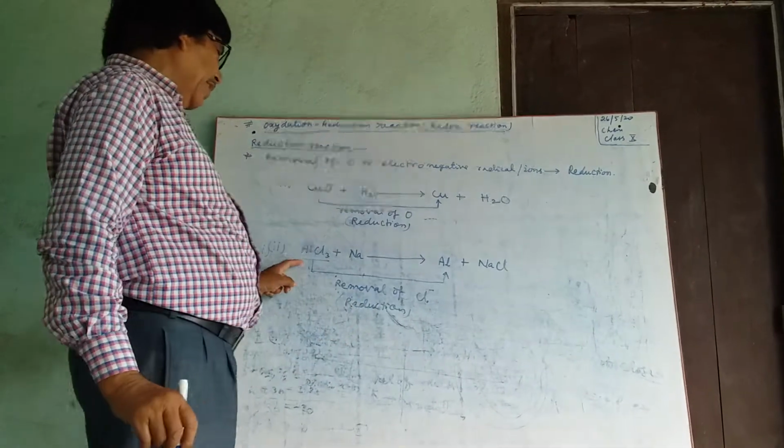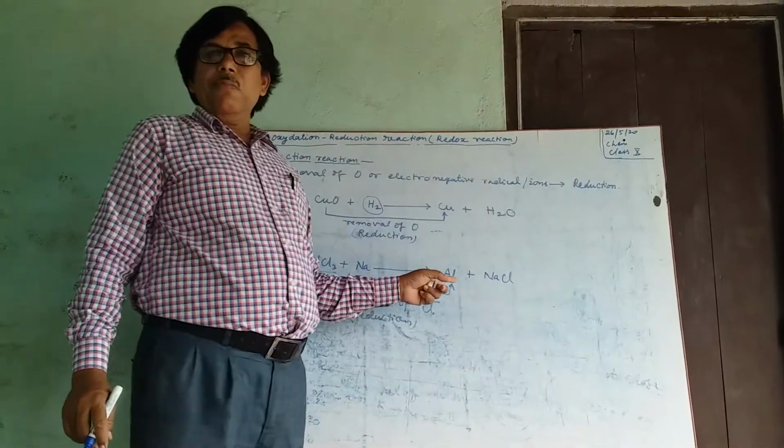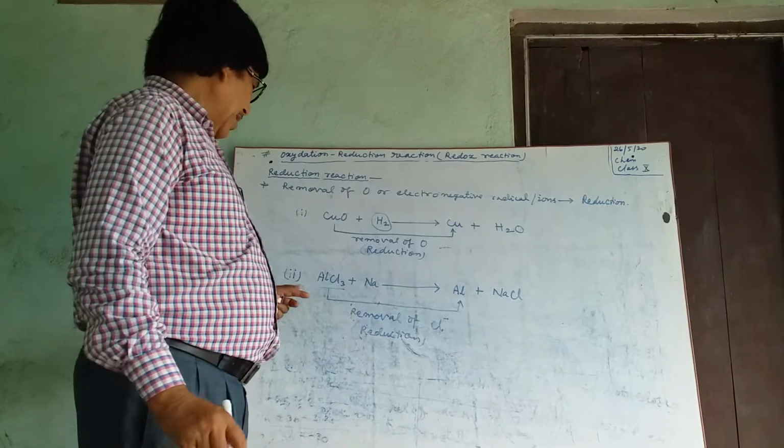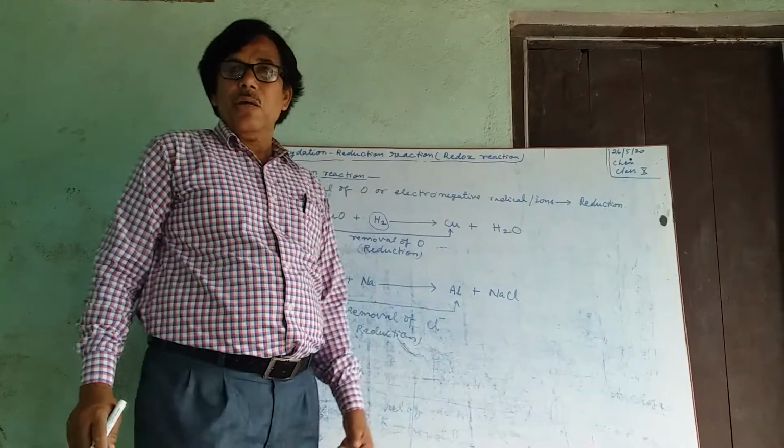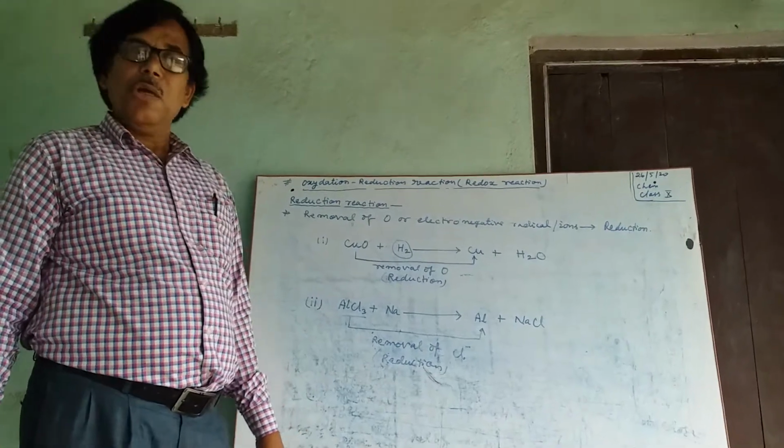Here AlCl3 is reduced to aluminum metal. Thus the removal of electronegative elements or radicals is reduction.